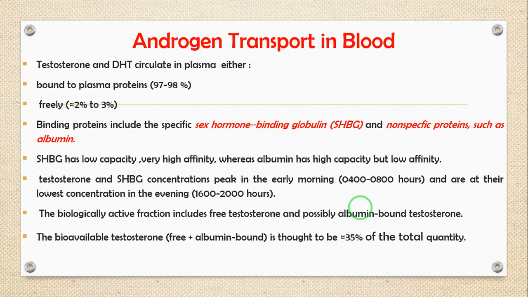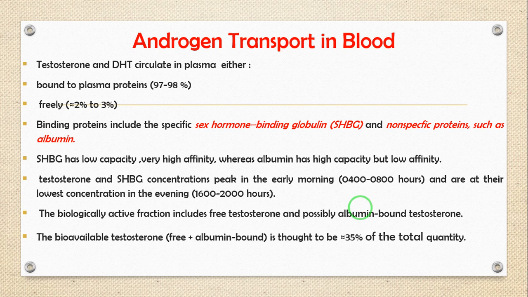Because of the weak binding, it can be dissociated and used. Totally, the free is about 2 to 3%, but if we count the biologically available testosterone bound to albumin with it, the percentage of bioavailable testosterone will increase to about 30% of the total quantity.